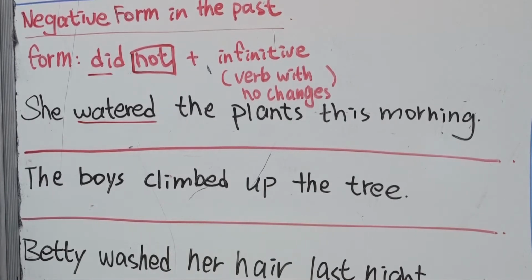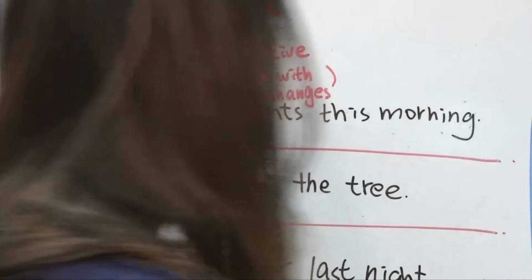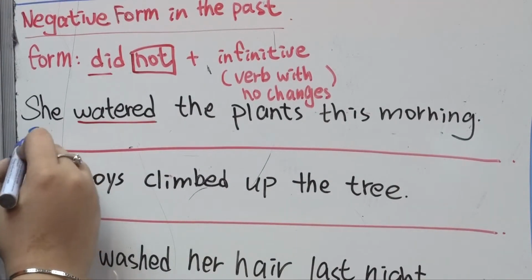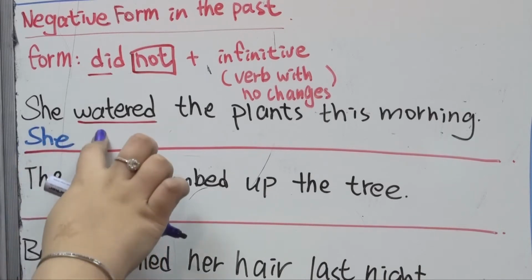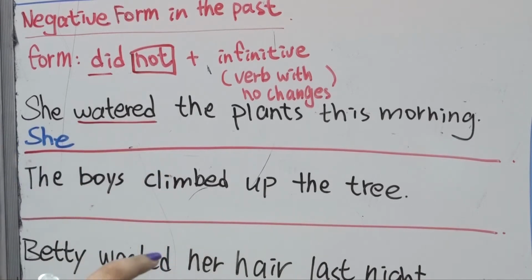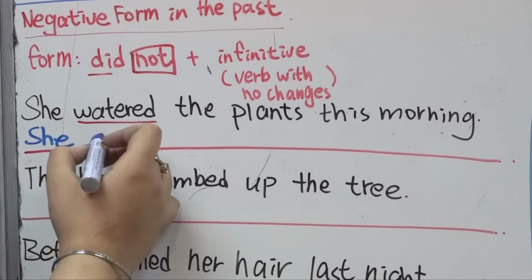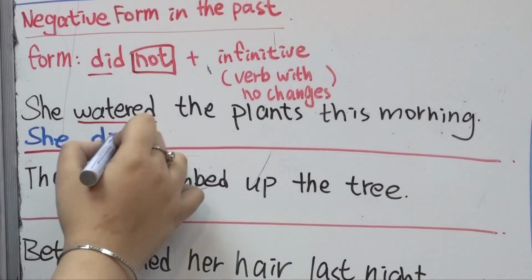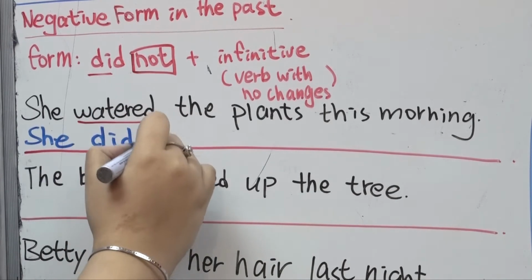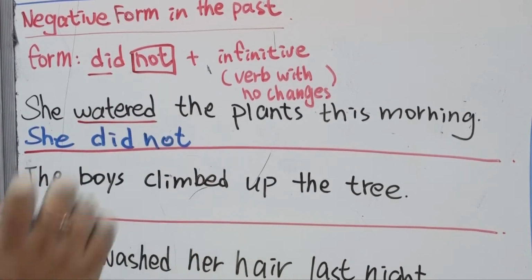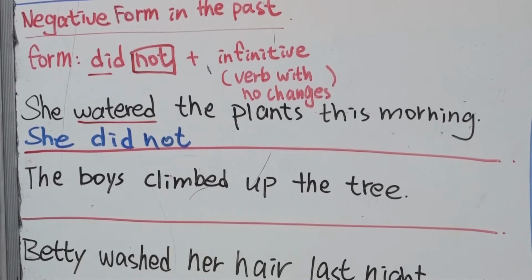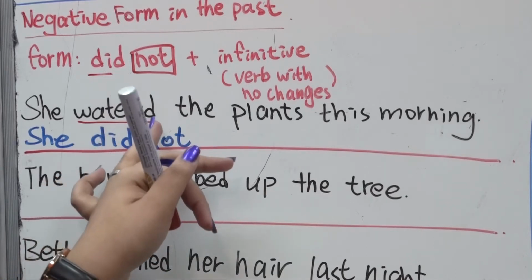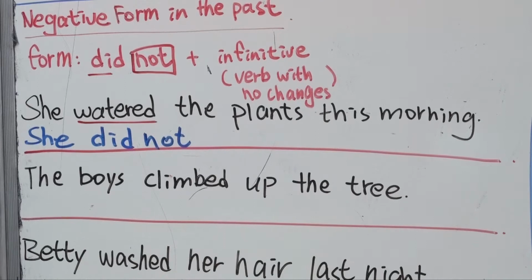So how do we change it? The answer should be she watered. The negative form should be did not, infinitive. How do we change watered to infinitive? We cross out the E and D. Correct?